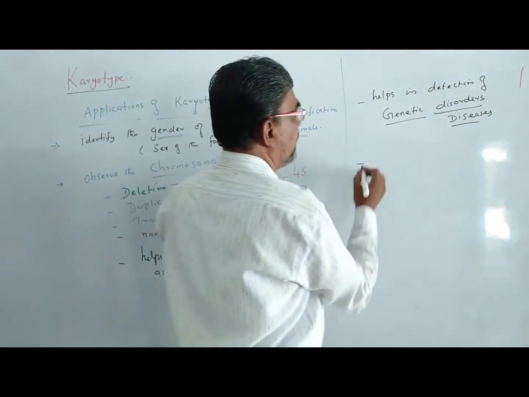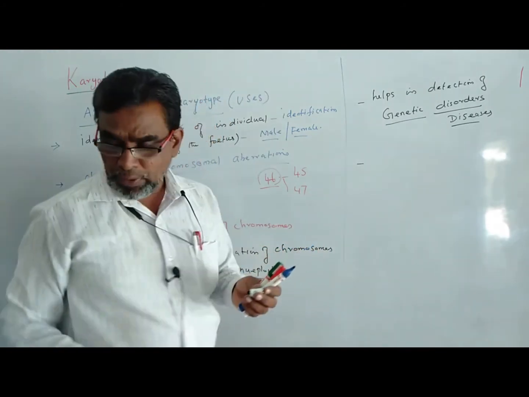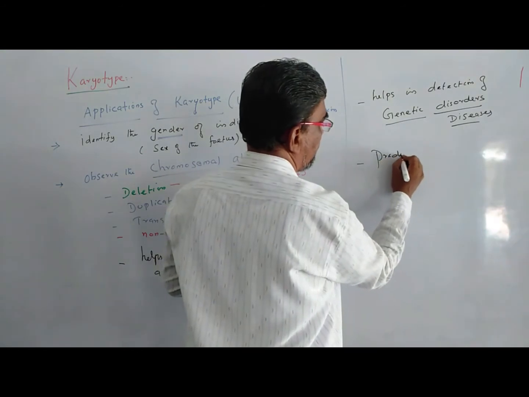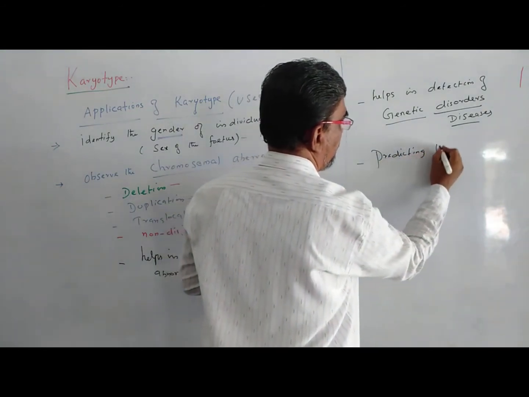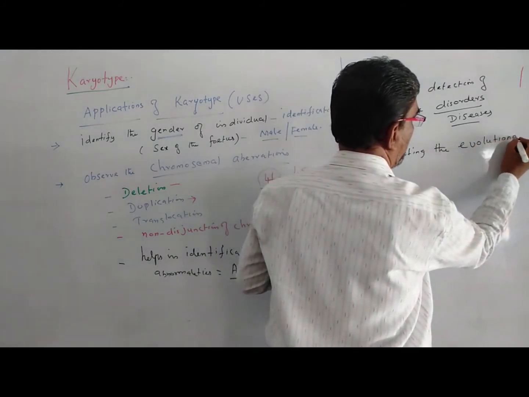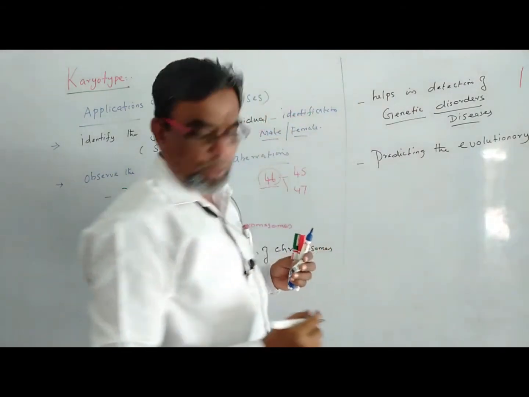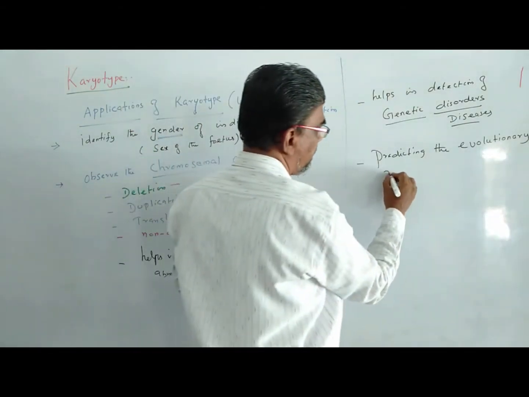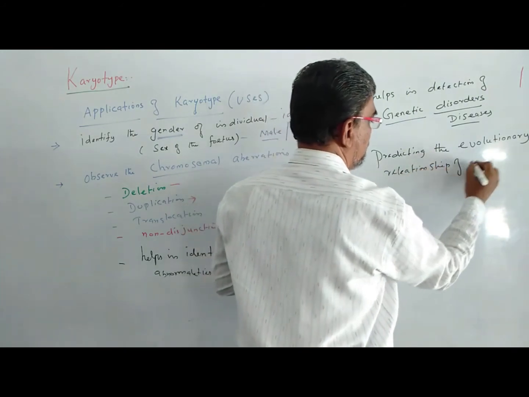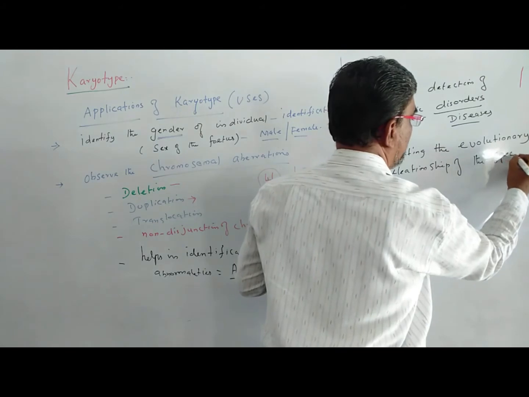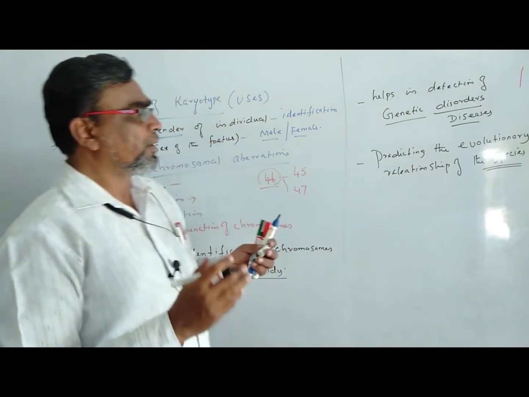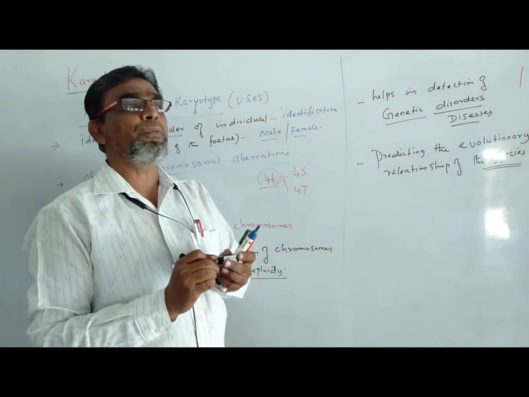The last one is, with the help of this karyotype, we can predict the evolutionary relationship between species. We can compare the evolutionary history of the species with the help of chromosomes.